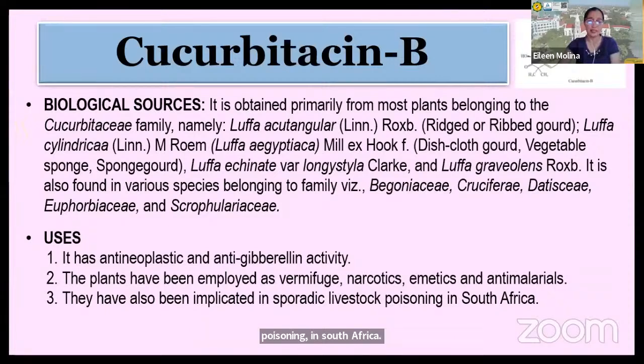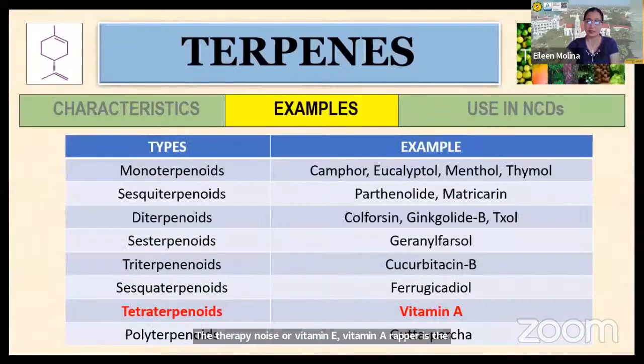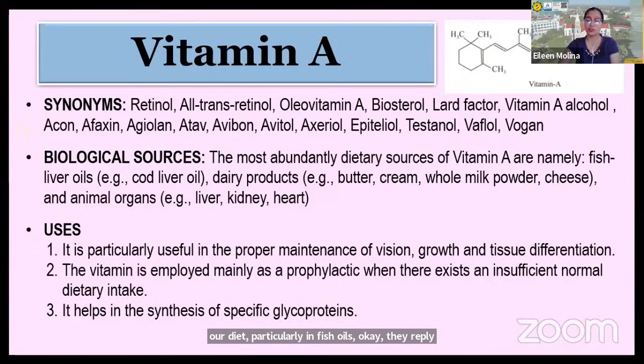Tetraterpenoids, or vitamin A rather, is the next type of terpene. Vitamin A is mostly abundant in our diet, particularly in fish liver oils, dairy products such as butter, cream, whole milk powder, cheese, and also in animal organs.